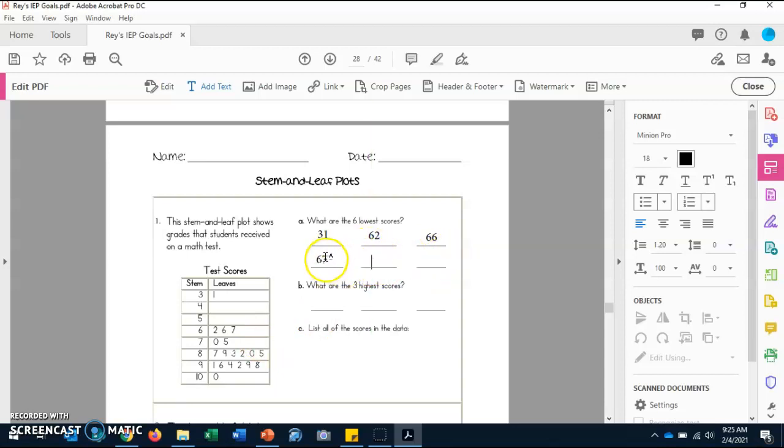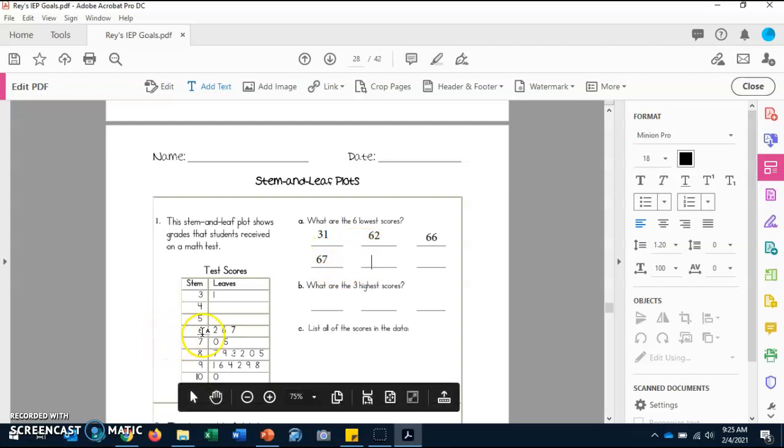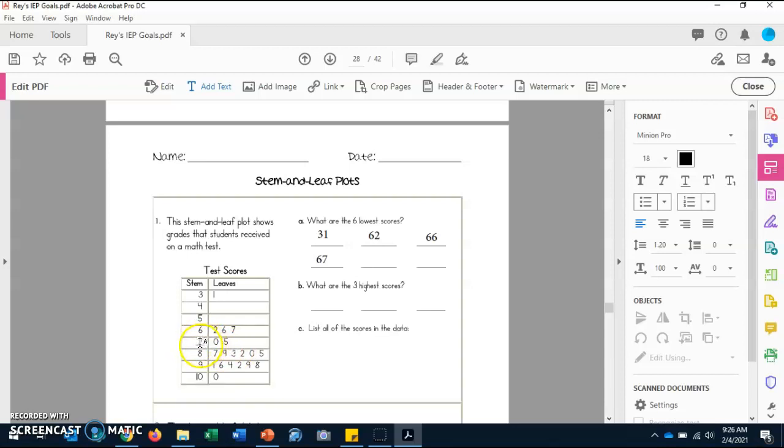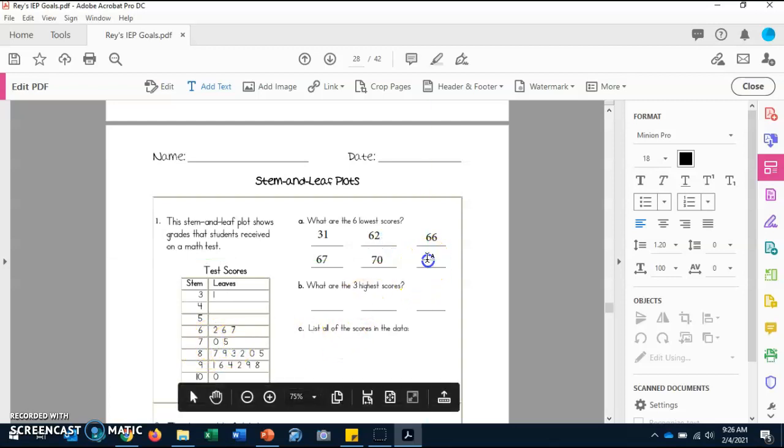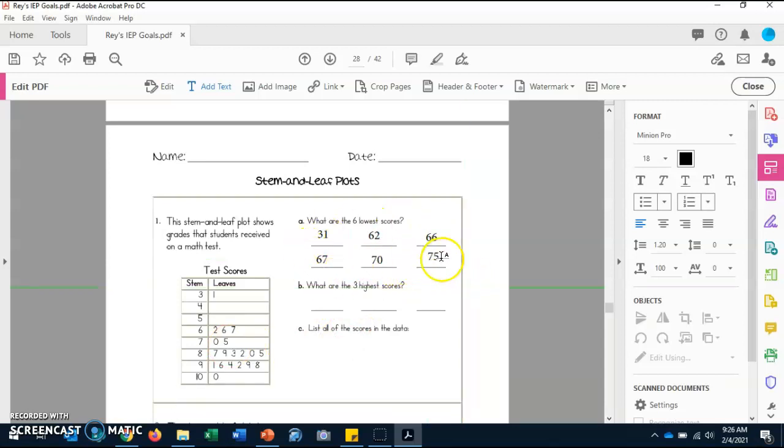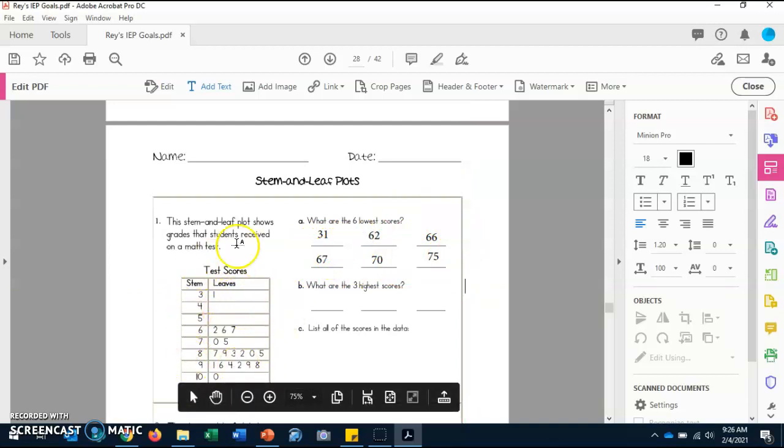So which is going to be our next lowest? So after 67, do we have numbers here in the 70s? Do we have kids who scored in the 70s? Yes, we do. Good job. We have 2. We have 70 and then 75. And those are our 6 lowest grades or scores that students received on their math test.